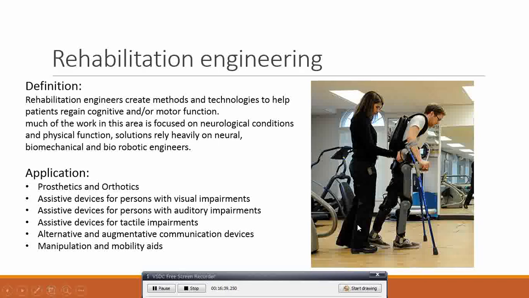Jadi kalau kita tengok orang ni kan, dia sebenarnya ada support mechanism pada kaki dia, kaki sebelah kanan kiri. So dia ada support tongkat macam ni kan. Kemungkinan orang ni dia tak boleh berjalan, tapi digunakan alat-alat yang boleh membantu. Itu dipanggil rehab.